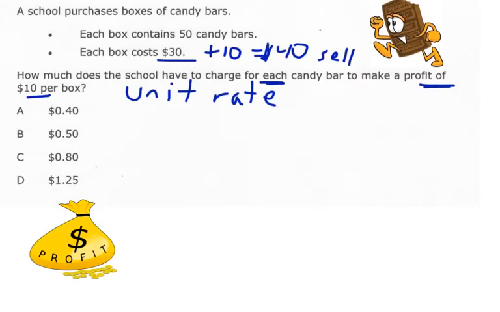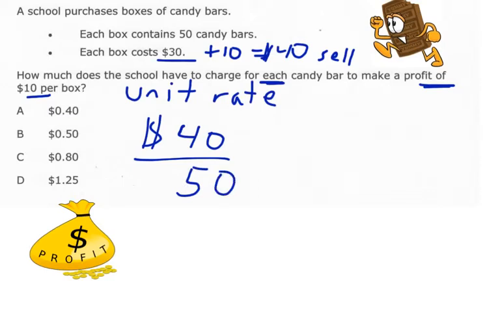Well, I'm going to make a ratio with what I have now. I can do it either way, but I'm going to write it as $40 over 50 candy bars, and I need it to be one bar. How can I make that one bar? If I divide the 50 by 50, whatever I do to the bottom, I need to do to the top.